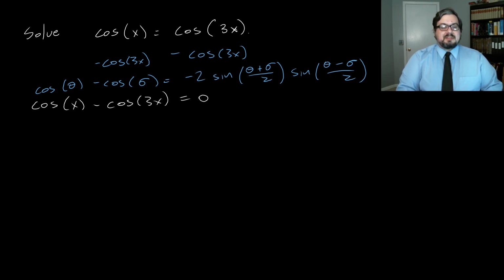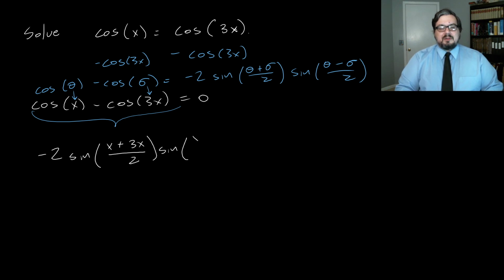So here we've got that theta is x and sigma is 3x. So that means we can replace this whole left-hand side with the expression negative 2 times sine of (x plus 3x) over 2 times sine of (x minus 3x) over 2 equals 0.